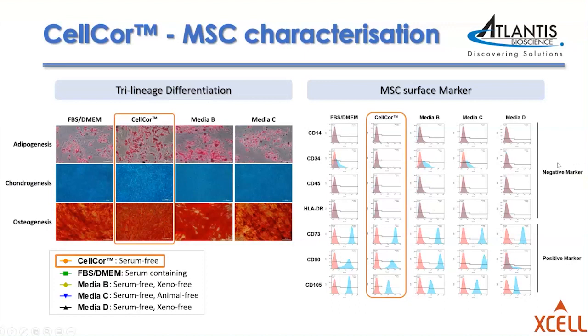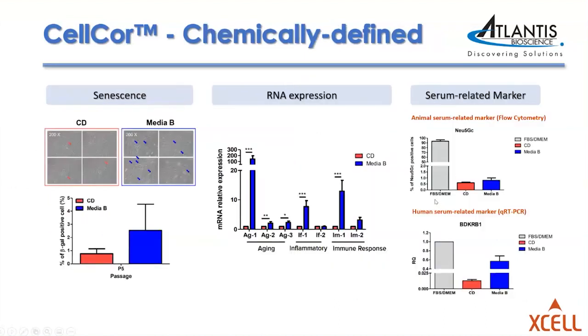There's also a lower aging, inflammatory, and immune response in the CellCore CD media, as shown here for the RNA expression data. The cells were also tested for serum-related markers, and it's shown in these two figures that they also have a lower expression of the serum marker when compared to the competitor serum-free media.